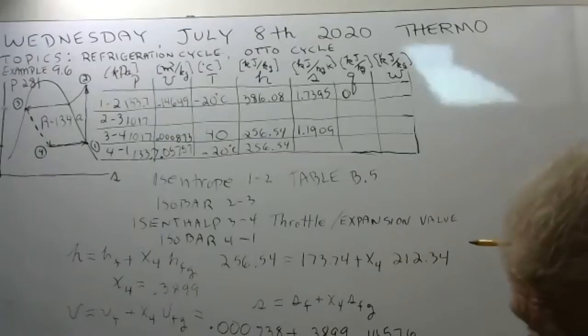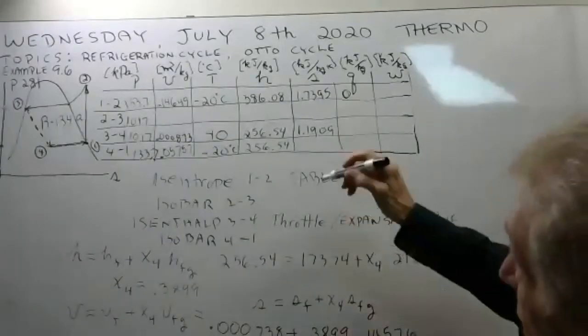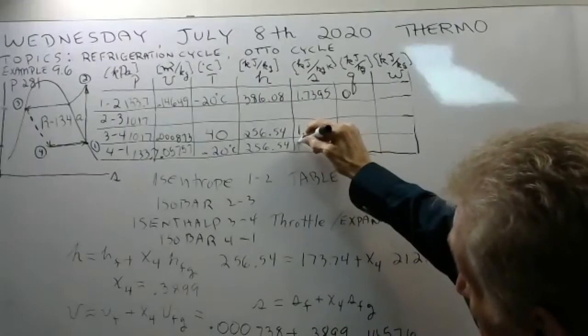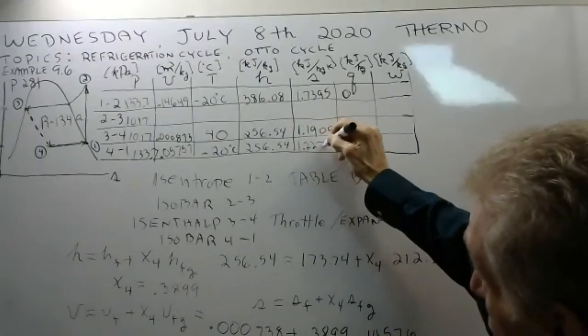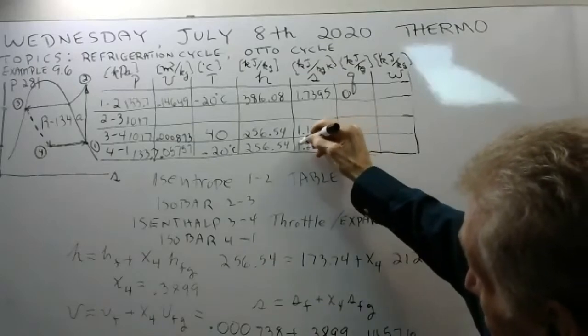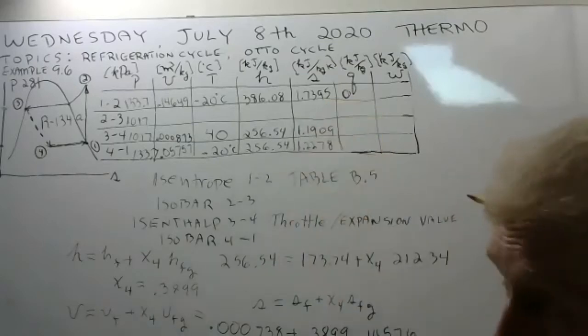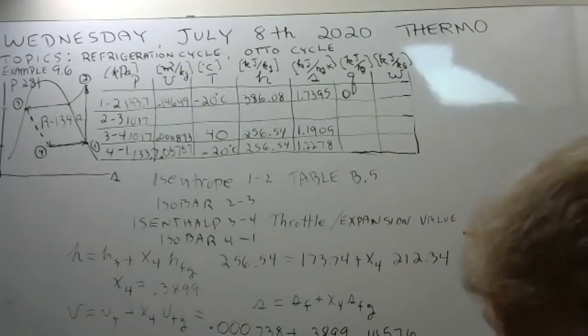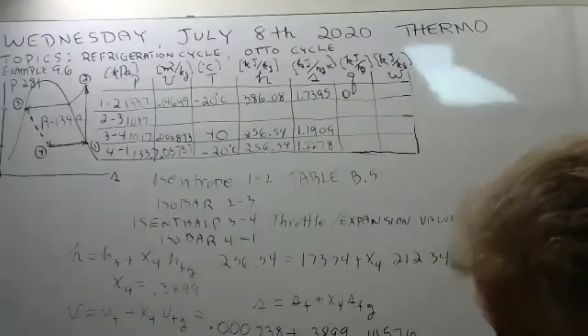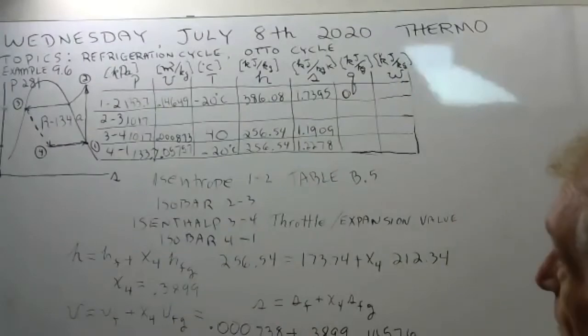Anybody? I got 1.2277. That's what I got. I got 1.2278, but we're not going to fight over it. Was that Stuart that just answered me? Yes. Thank you, Stuart. Yeah, we're in agreement. Somebody rounded something off there.